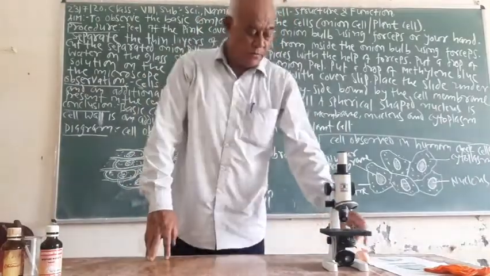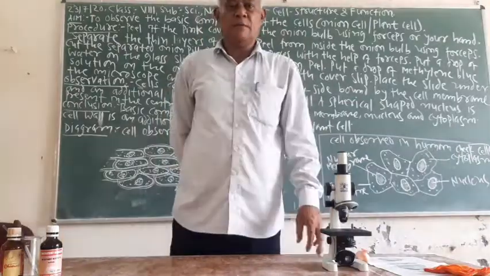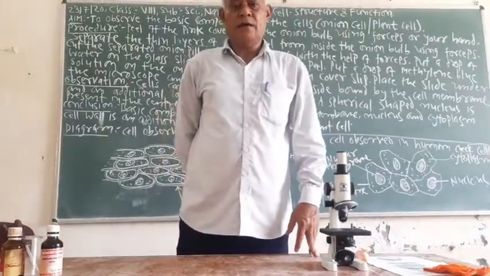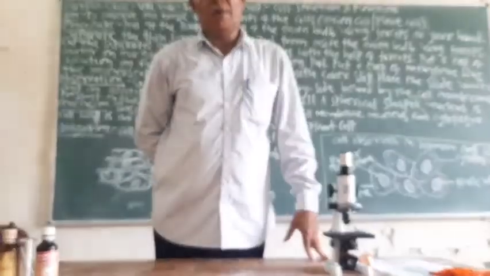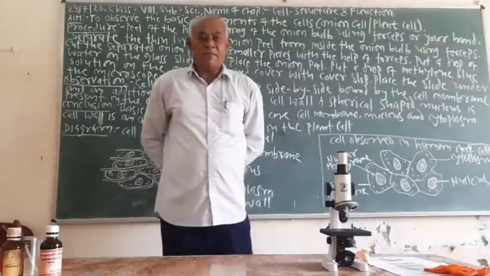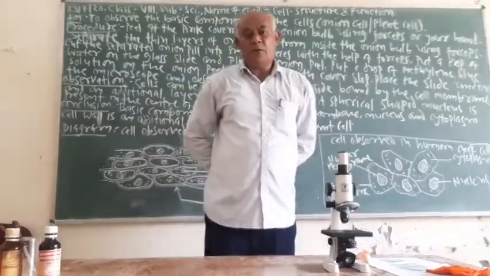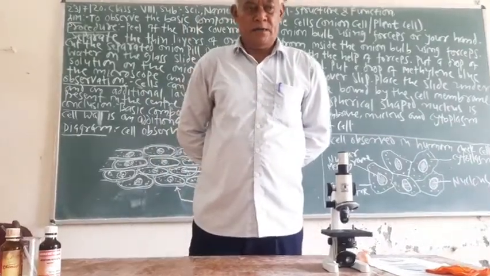Now, we know that the cell is the basic, structural, functional, and smallest unit of all living organisms. Cells are generally microscopic, therefore they cannot be seen with our naked eye.